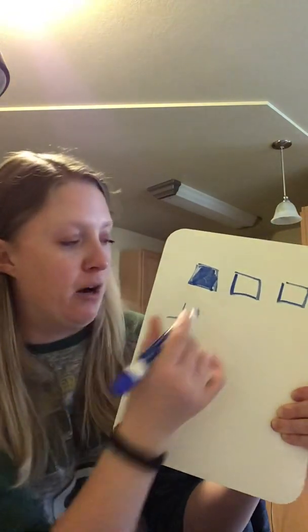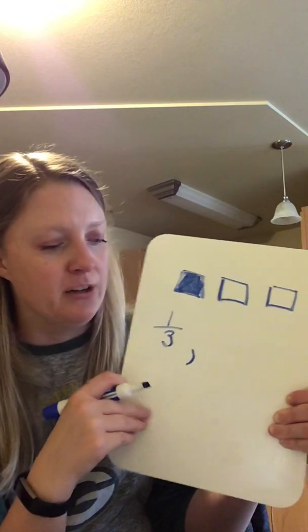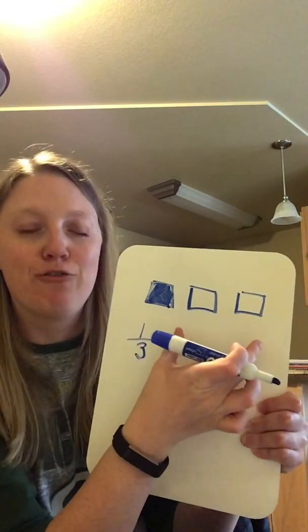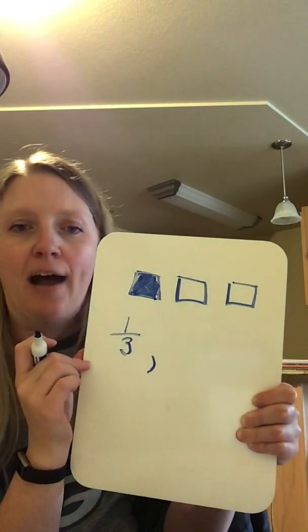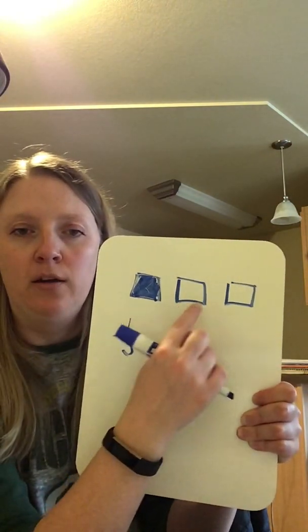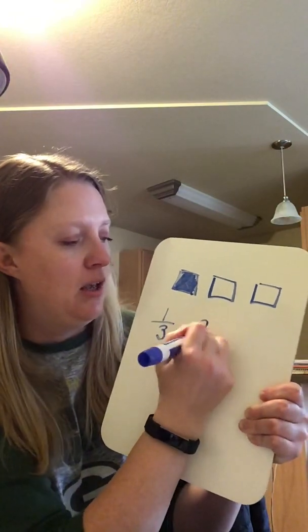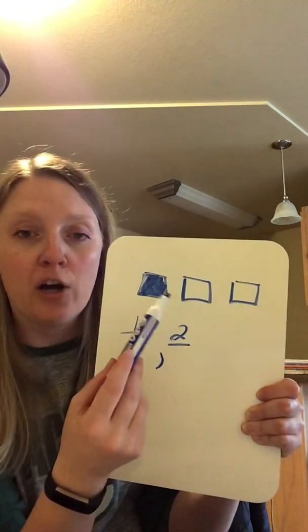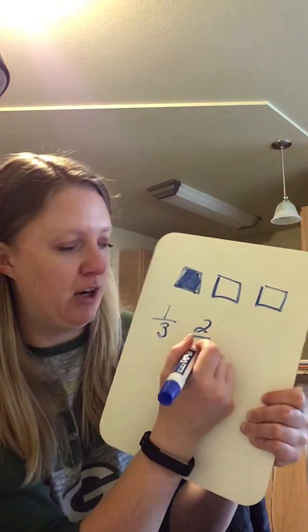Now for the second part of your directions, so you'd put a comma, the second part says to now write the fraction for the non-shaded parts. So let's count how many are not shaded. 1, 2. Okay, so our numerator would be 2. Now how many total parts are there? 1, 2, 3. That hasn't changed. There's still 3.